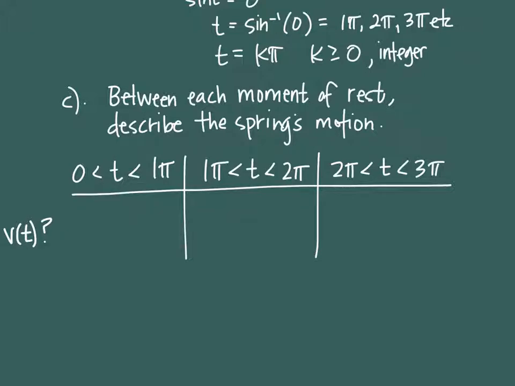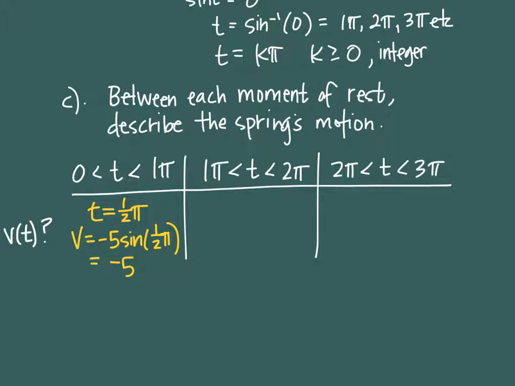and you check the velocity. So if I picked a simple one like 1/2 pi, and I checked the velocity there, which is negative 5 sine of 1/2 pi, I get a value of negative 5, because the sine of 1/2 pi is 1.